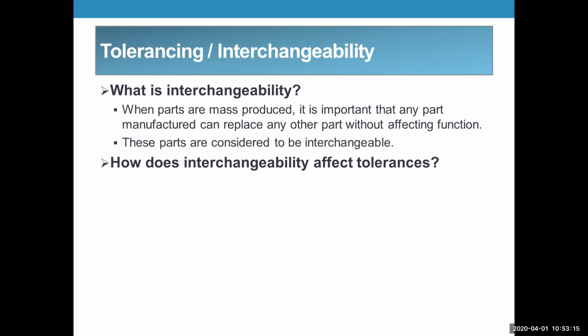So interchangeability first came about, at least in this country, right around after the Civil War, and it was basically introduced by munitions manufacturers or gun manufacturers. They had an issue in the Civil War with some of the carbine manufacturers.